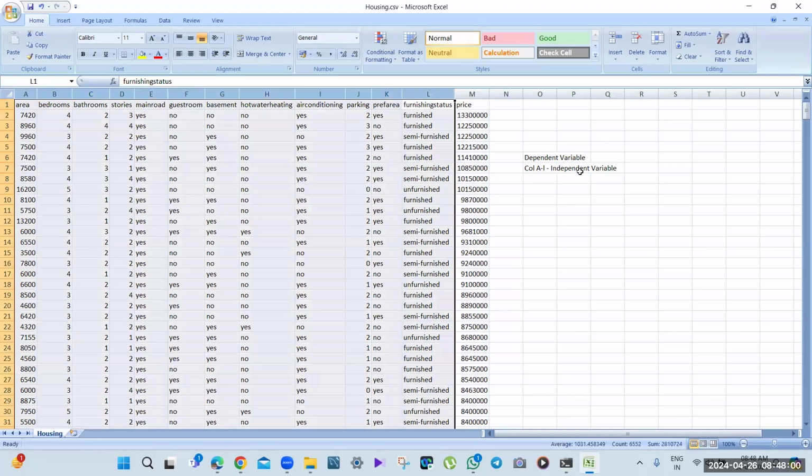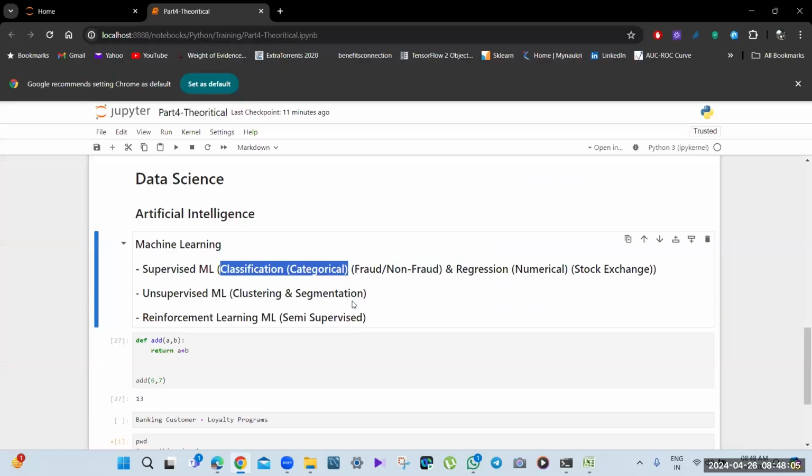Now, coming back to the main thing here, we have seen there are two types of things. One is classification, one is regression. For classification, we are just classifying based on some existing classes. We are not creating a new class.